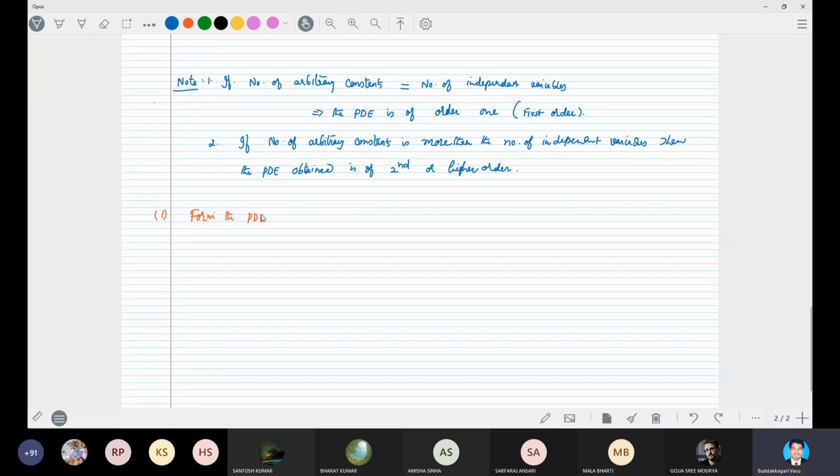Form the partial differential equations by eliminating the arbitrary constants in the following equations.